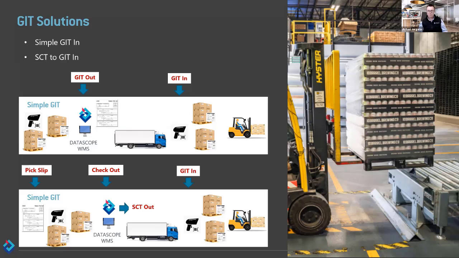And then we have the more complex GRT solution. Here, this is very different. This is a distribution center now picking orders for sub-distribution centers. So let's say you have one very big, large distribution center, and that fulfills orders into your branches, right?